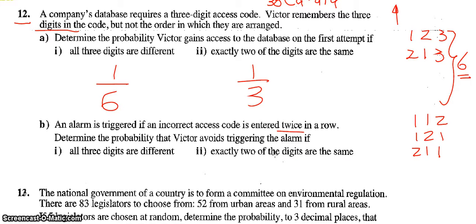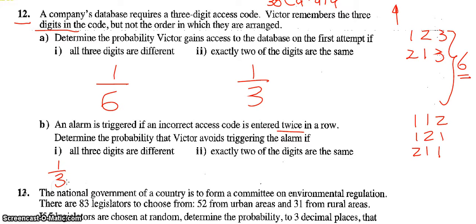It is if he entered it correctly the first time, or the first time is not correct, but the second time is correct. So these are 2 possibilities. Do you notice I say or? Either he entered right the first time, or he entered correctly the second time, which implies the first time is wrong.